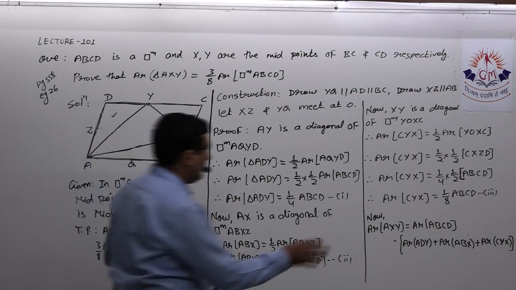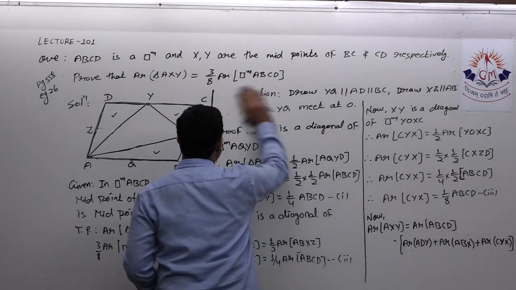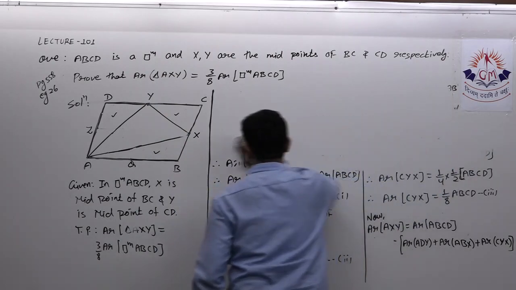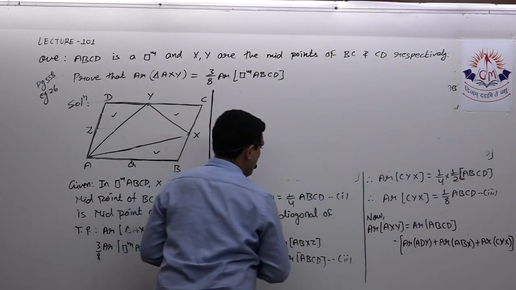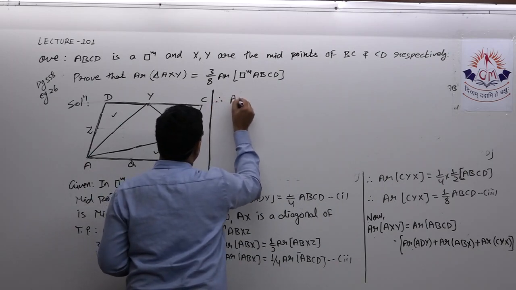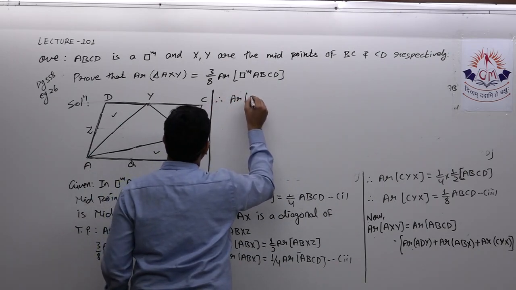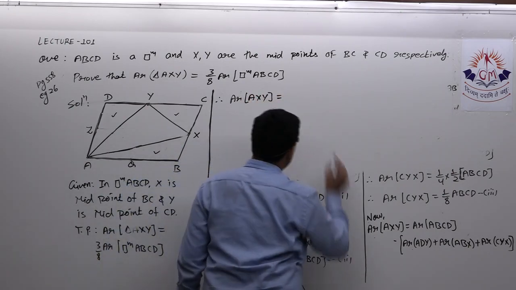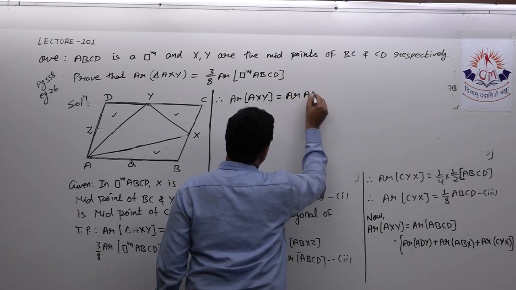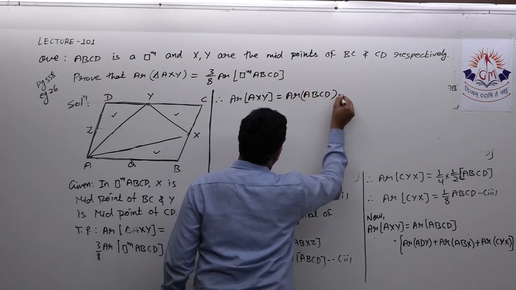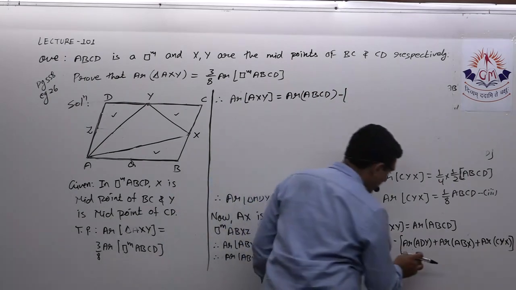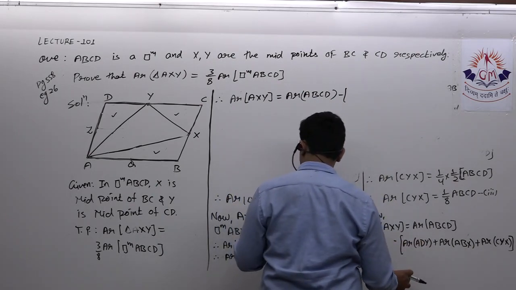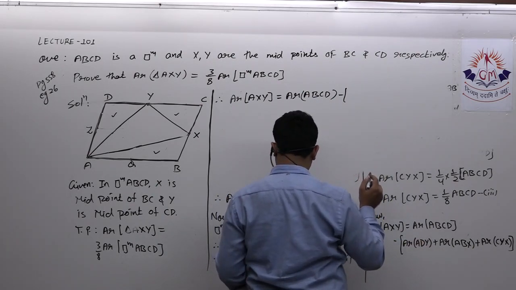Okay, so now just this subtraction is left. So here I can write therefore area AXY is equal to area ABCD minus, now here we will replace these three values in terms of ABCD. So ADY is ABCD by 4.